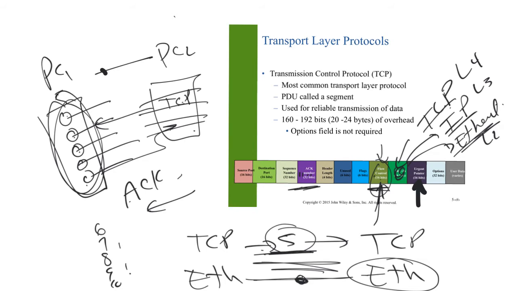So the transport layer will distinguish between the voice packet and the data packet. It will give the voice packet a higher priority over the data packet. So if these packets or frames arrive at the router, it will give the higher priority to the voice packet to be moved on the network first over the data.